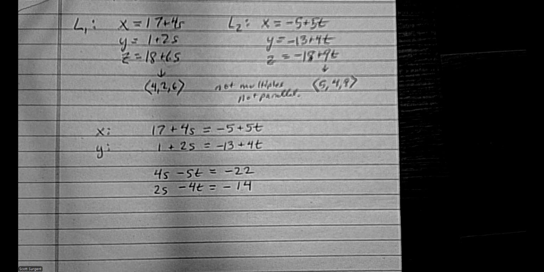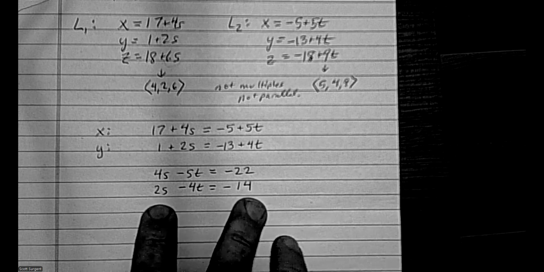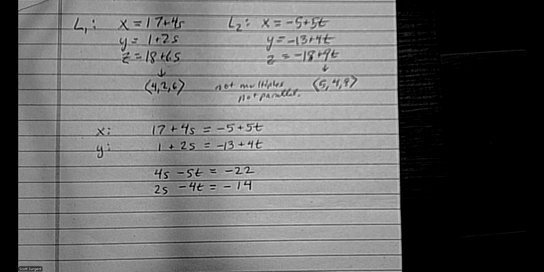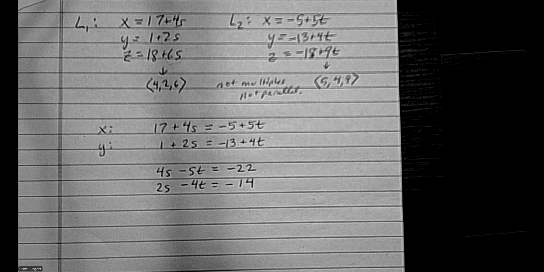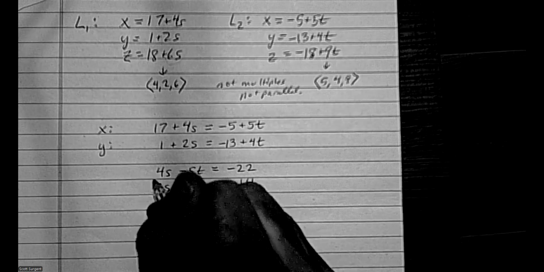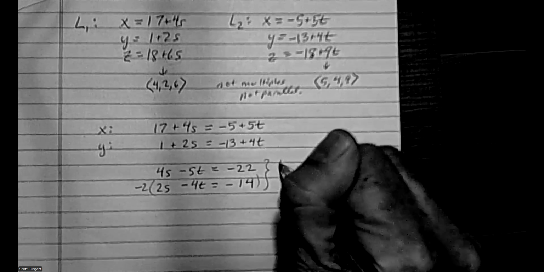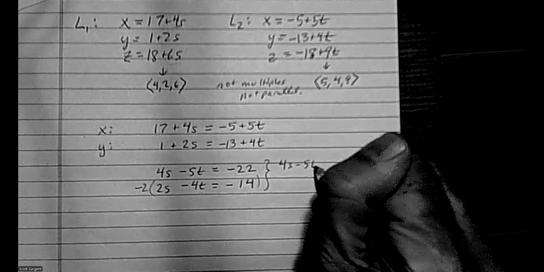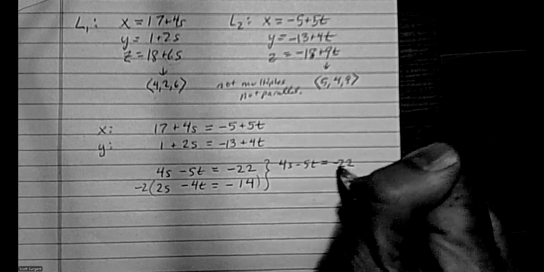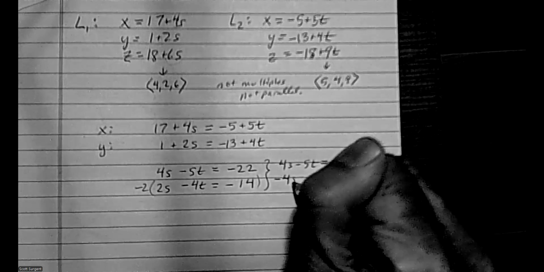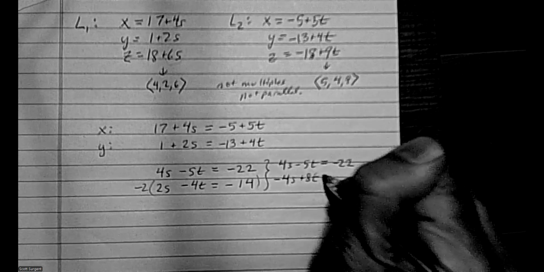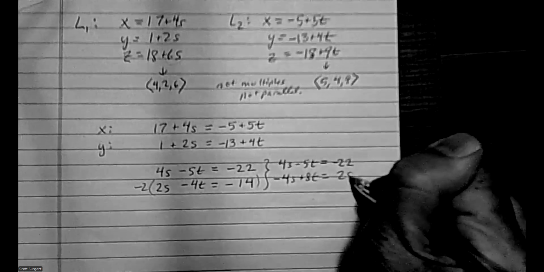I don't care how you solve this. Whatever works for you is fine with me. On this one, I'm going to multiply the bottom by negative 2. That'll get rid of the s's. Negative 4s plus 8t equals 28.